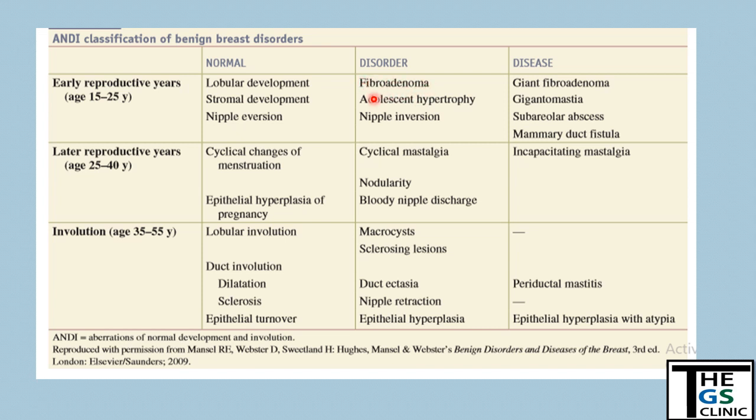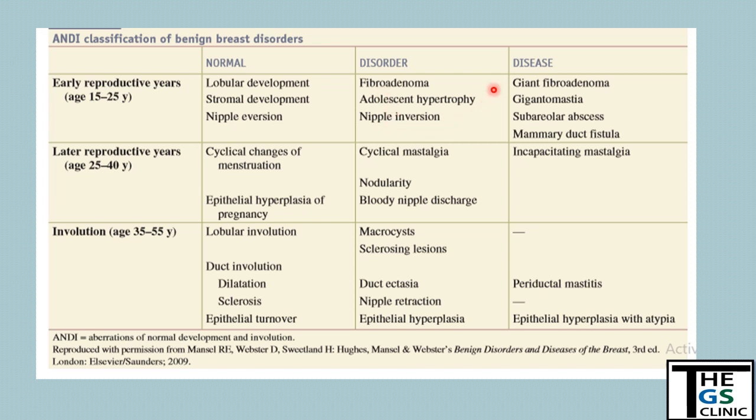Sometimes there are disorders, and as we said, disorders don't need treatment, just follow-up. We have fibroadenomas, adolescent hypertrophy, which means an increase in the size, and nipple inversion. Be careful, as nipple inversion is sometimes a sign of malignancy or of chronic inflammation or infection.